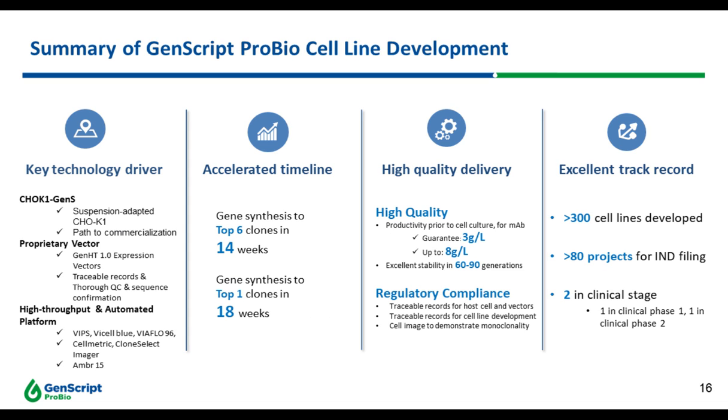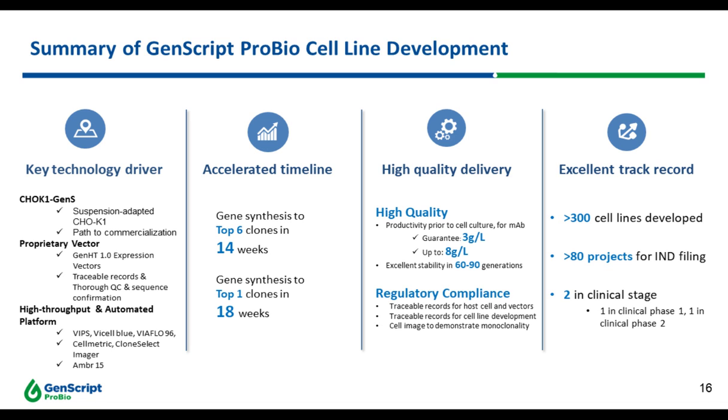So in summary, our GenScript ProBio cell line development is driven by key technology. We're using CHO-K1 CHO cells, which are very clear sourced and ready for commercialization production. We use a proprietary vector and a high throughput automatic platform, VIPS, to produce the clones.